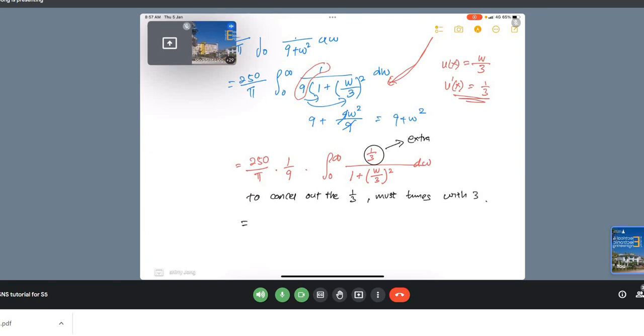So what is meant here is you need to multiply with 3. So this 3 and this 3 can cancel out. So that means we still get back the original signal like this one. So what we get now? 250 divided by pi multiply over 3.